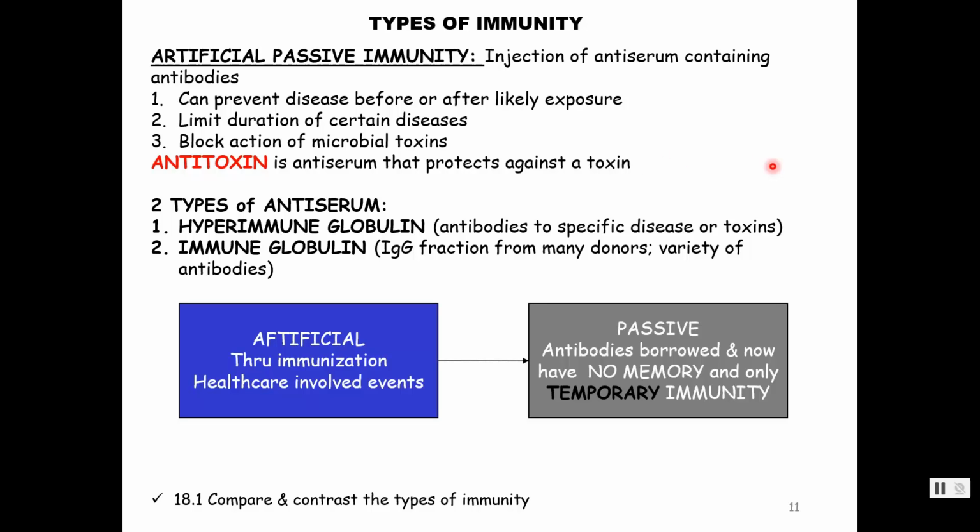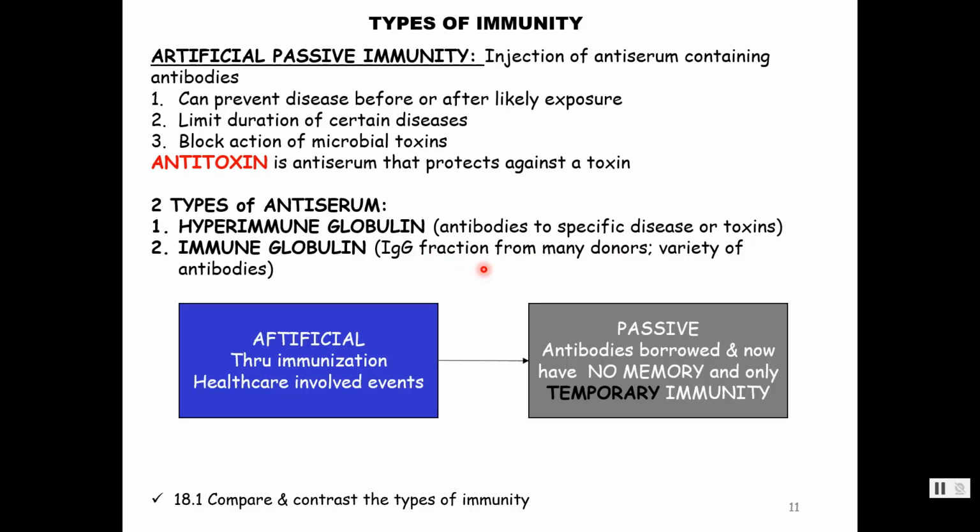There's two types of antiserum. There's something called hyperimmunoglobulin. So that would be like tetanus immunoglobulin, rabies immunoglobulin, hepatitis B immunoglobulin. So this would be specific for a particular disease or toxin. Sometimes though, when people are immunosuppressed for one reason or another, going through cancer treatment, or they have an immunodeficiency, it might be pooled serum.